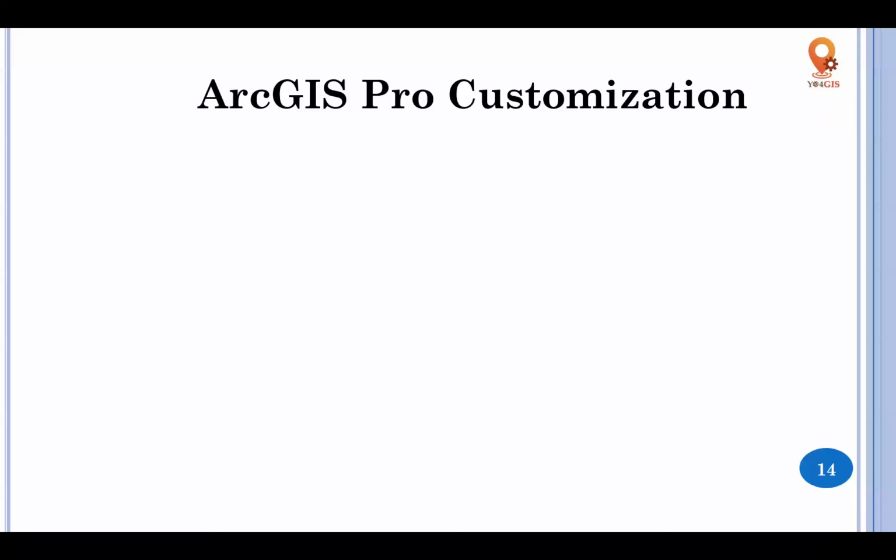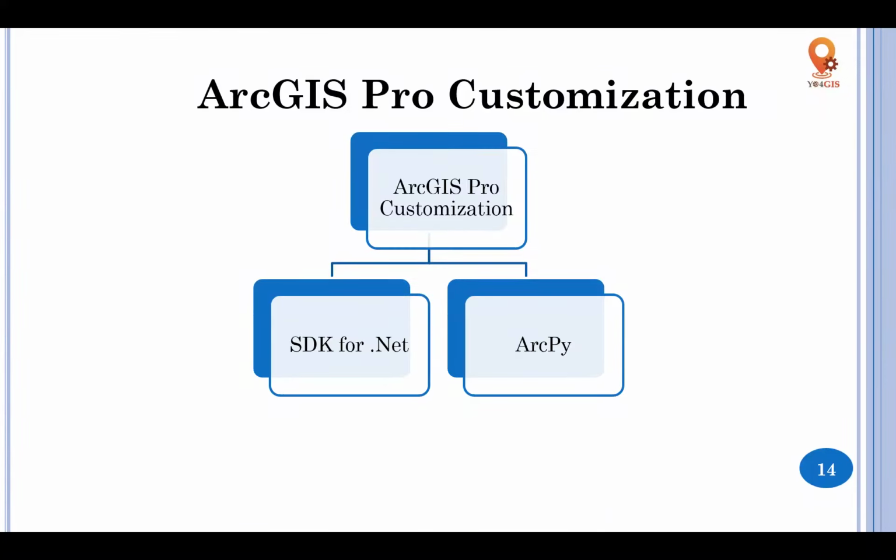Okay, now coming to ArcGIS Pro customization, because our course is the customization of ArcGIS Pro using Python and ArcPy. As you know, in the interview, people can ask you: if I want to customize ArcGIS Pro, what are the things required? The important thing is, there are two different ways to customize it.